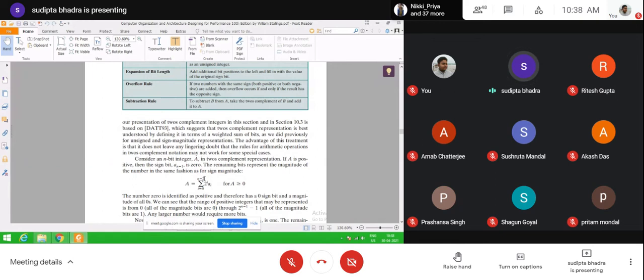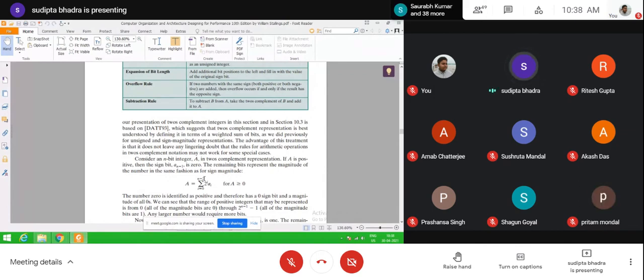If there are 8 bits, then from a0 to a6 the bits represent the magnitude, and the a7 bit represents the sign.